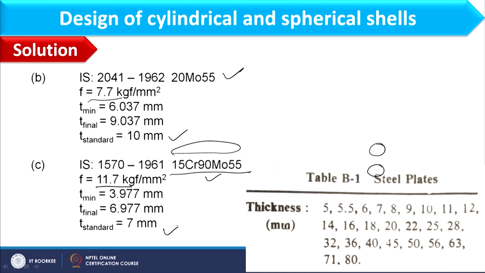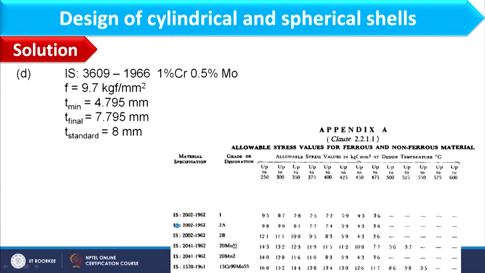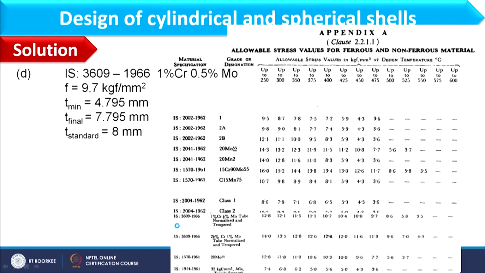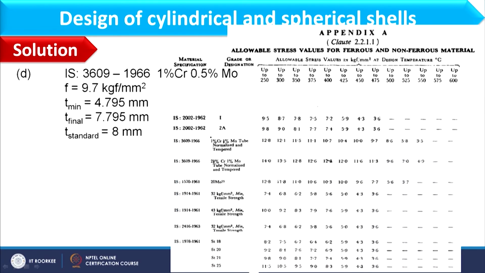And similarly, we can compute for material D, that is IS 3609-1966, 1% chromium, 0.5% molybdenum, which is available on the next page of this table.